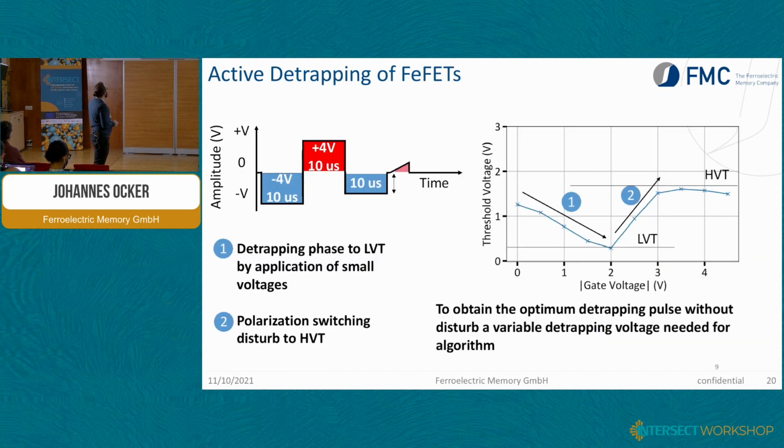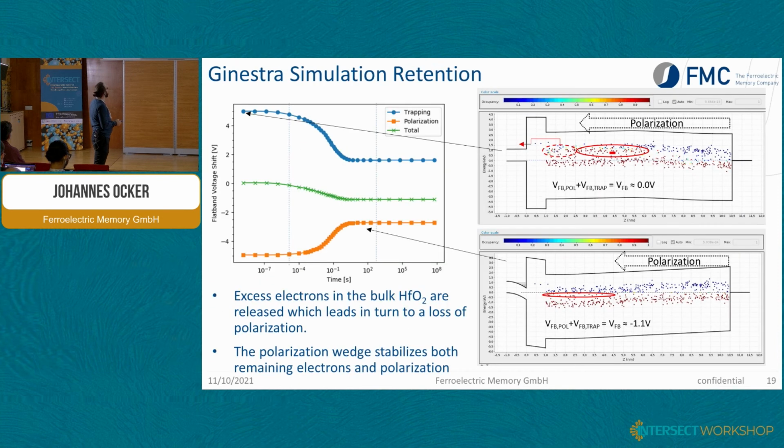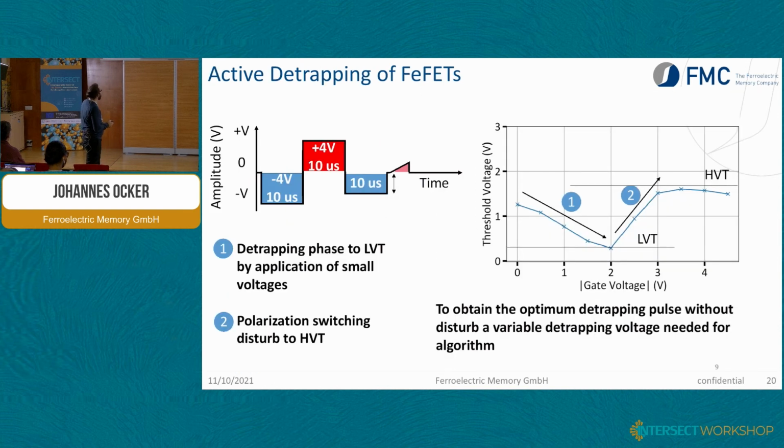All right, so the issue now is that we don't want to wait 1 or 2 seconds until these electrons are out. So we need to come up with some way to detrap them faster. This is usually done like this, and Sven has shown it before.